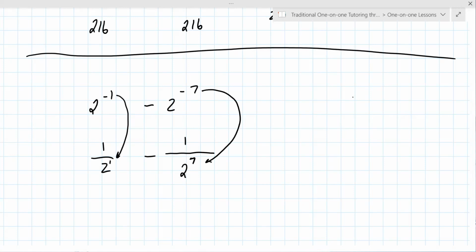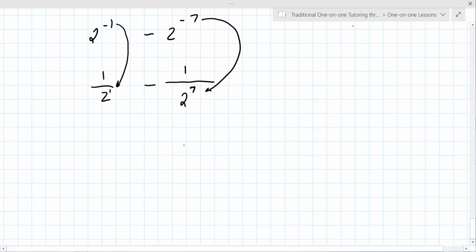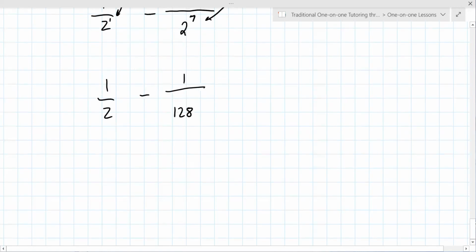Can we do another one? Well, no, you got to keep going. What is 2 to the power of 7? 128. Okay, good. So now I want you to subtract these. So you've got to find a common denominator.